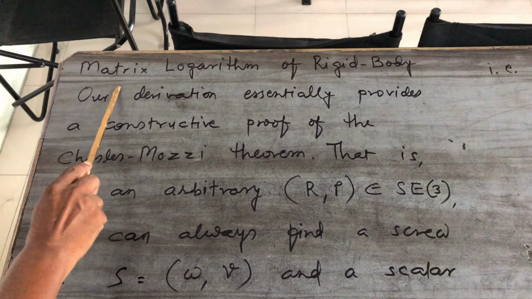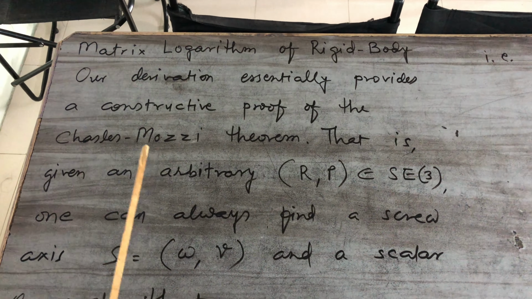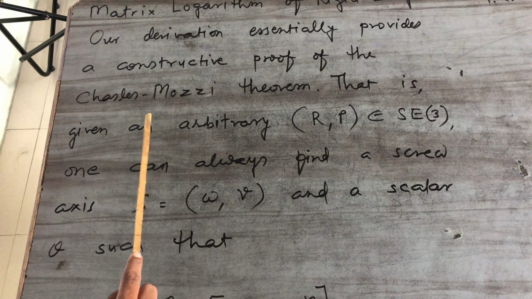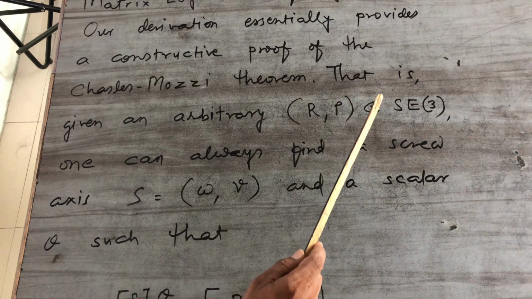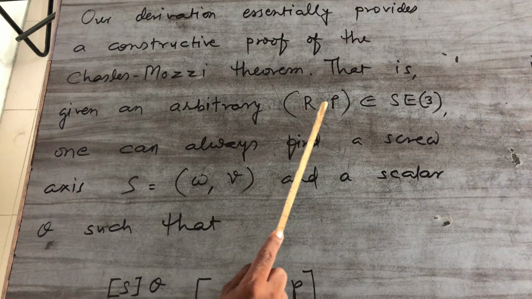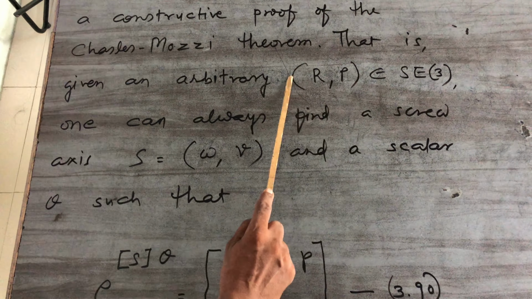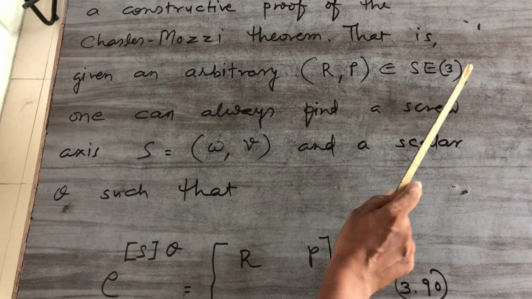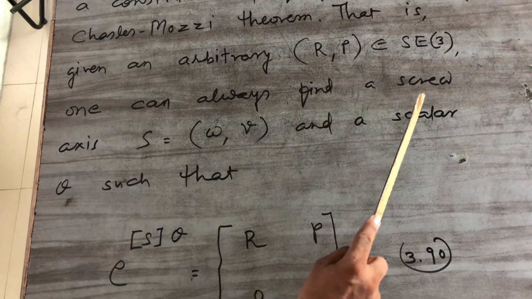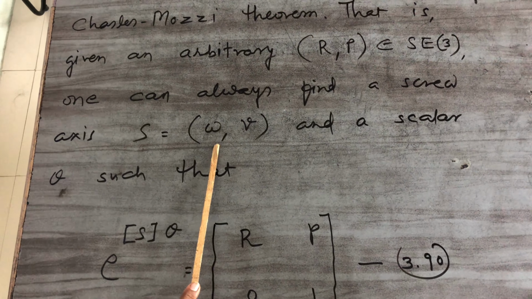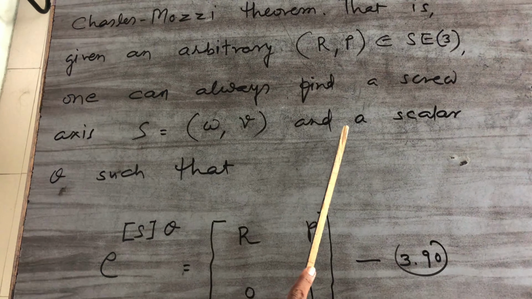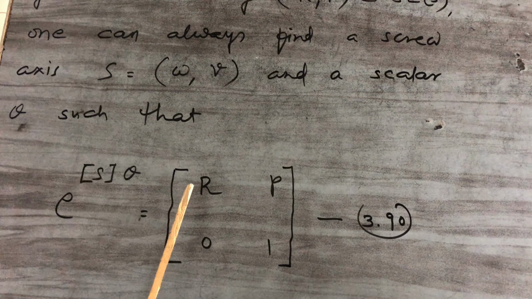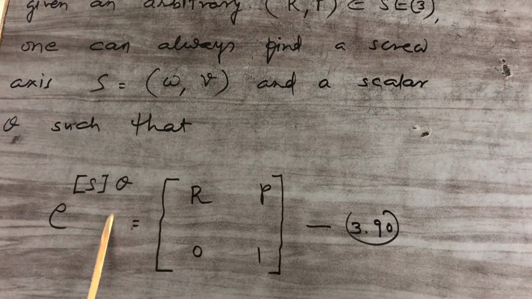Okay. Matrix logarithm of rigid body motion. Our derivation essentially provides a constructive proof of the Chasles-Mozzi theorem, that is, given an arbitrary (R, p), which is the transformation matrix, sometimes denoted this way, belonging to SE(3), one can always find the screw axis S equal to (omega, v) and a scalar theta such that e raised to S theta equals the transformation matrix [R, p; 0, 1].